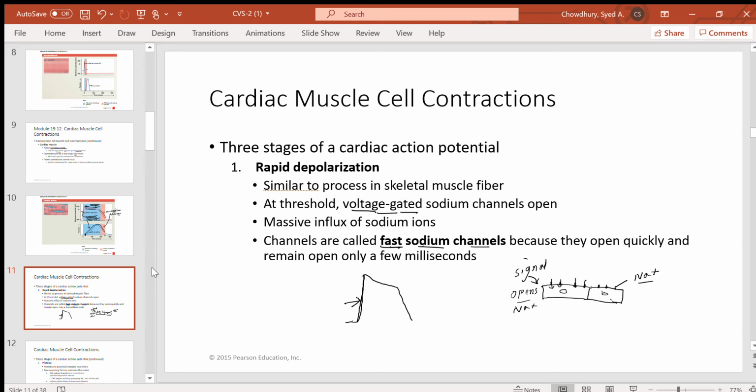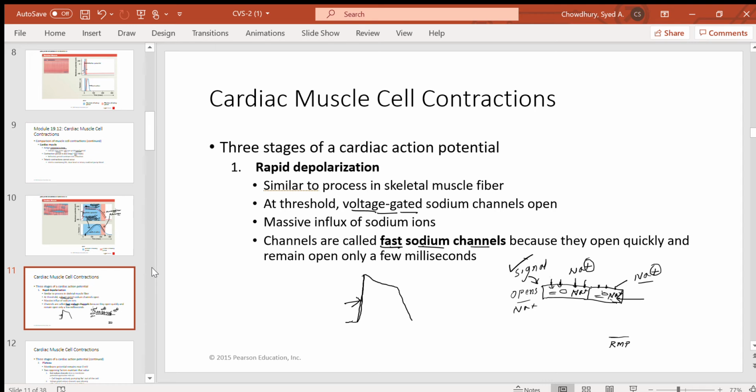So what will happen? There is a lot of sodium outside of the cell, always higher than inside. So when these channels get opened suddenly, a lot of sodium ions will get in. Make sense? And that sodium is a positively charged ion, right? So when sodium enters the heart muscle cell, if I record the activity inside the cell, this is before the signal arrived, called the resting membrane potential.